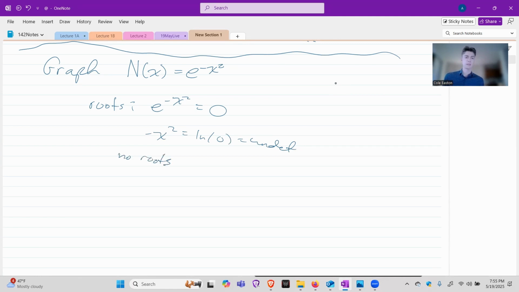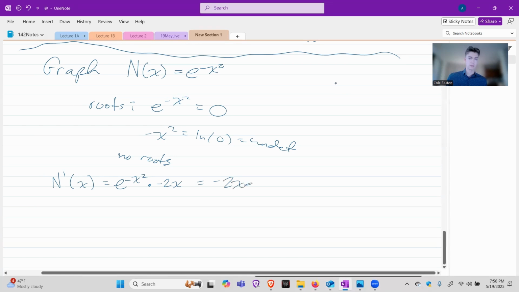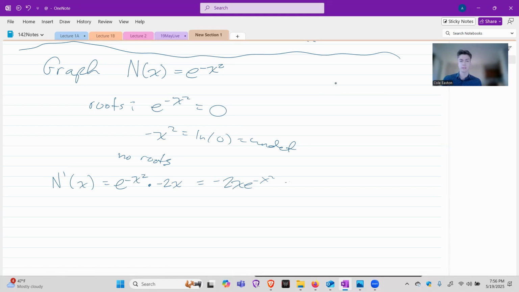So let's just start by taking the derivative. So we're going to go n prime of x, derivative of e to the something, e to that something, so e to the negative x squared. And then we have to go inside of that power and multiply by the derivative of that. This is chain rule, so times negative 2x. And I'm going to rewrite that a little bit as negative 2x e to the negative x squared. And we want to set this equal to 0.